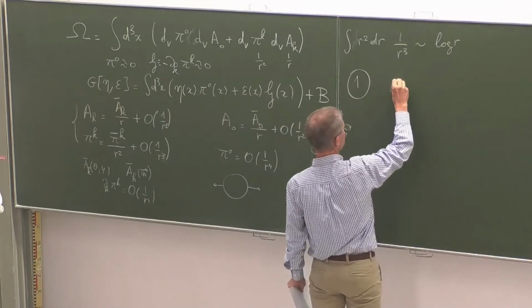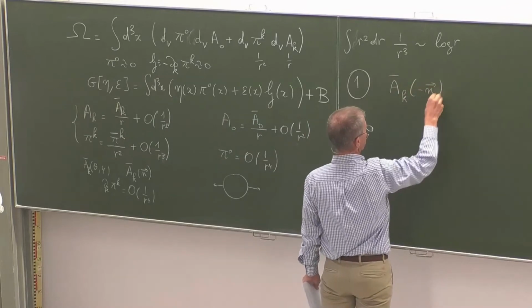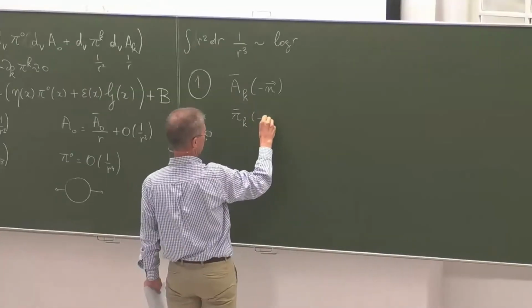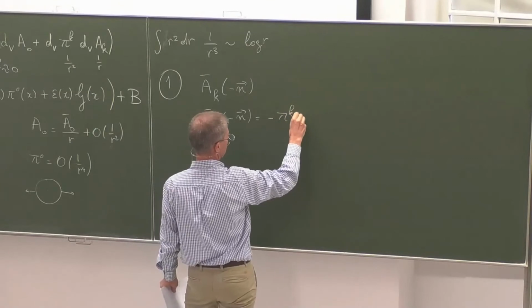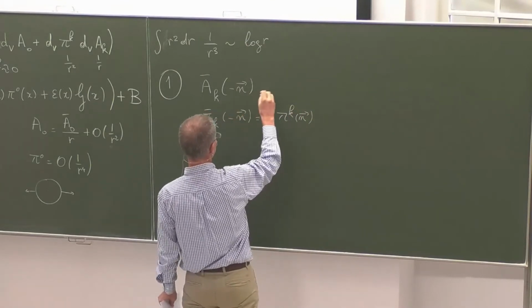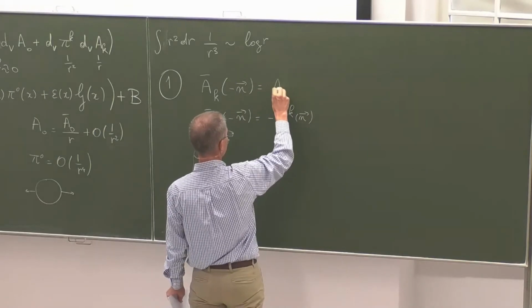I will assume that A bar K, and then pi bar K, so what I just said, minus n is minus pi K of n. And A K of minus n then, because it's a conjugate, it's natural to take it even.